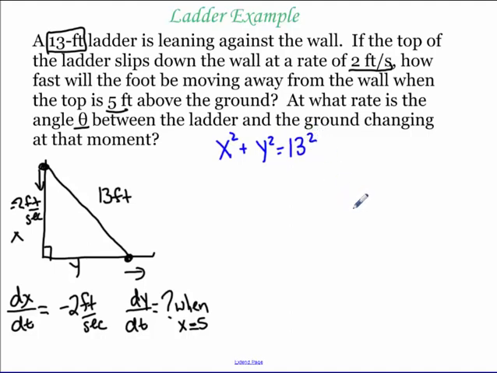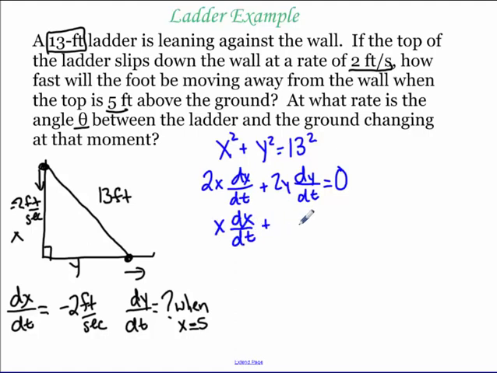Now we need to take the derivative of this. So 2x dx/dt plus 2y dy/dt, derivative of 13 squared is 0. If I divide everything by 2, really I have x dx/dt plus y dy/dt equals 0.